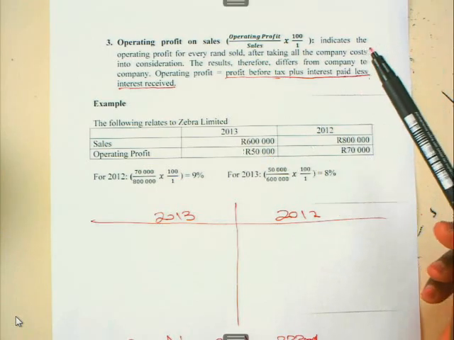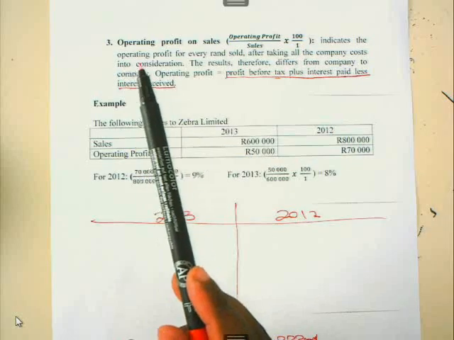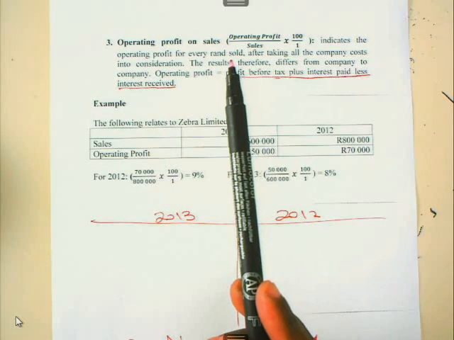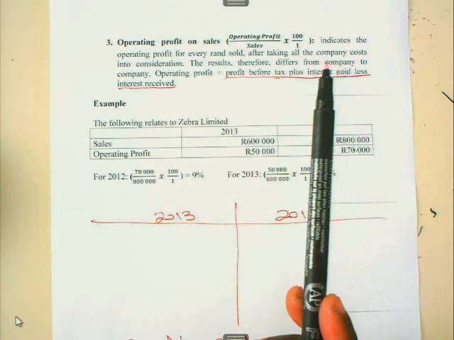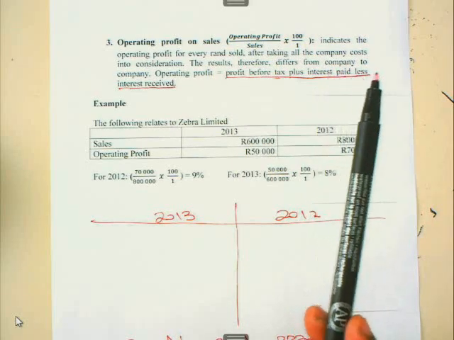What do we want to indicate? We want to indicate the operating profit for every rand sold after we have taken out all the company costs. This result will therefore differ from company to company.